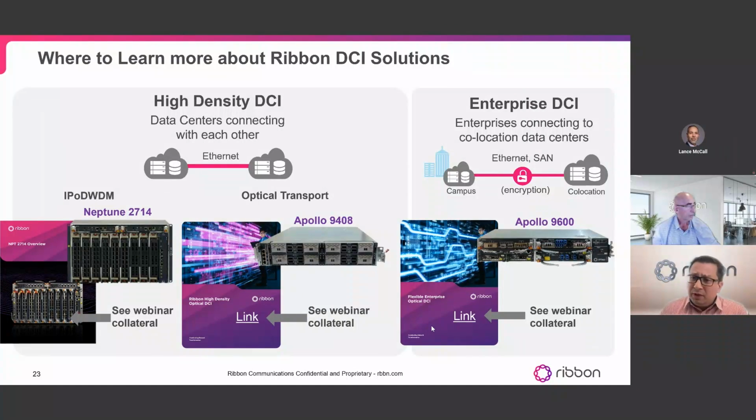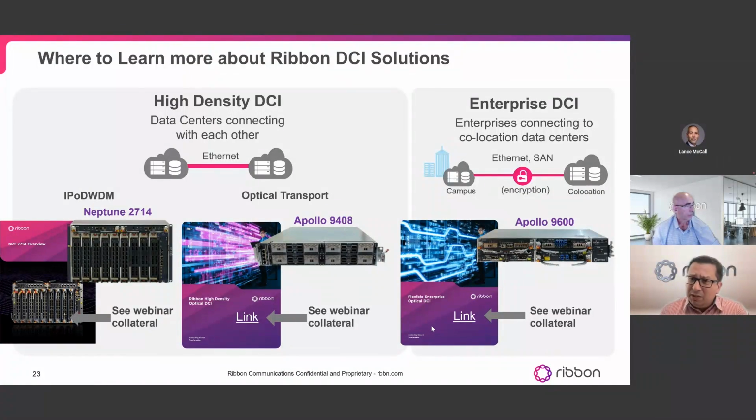I'll start on the right, with an enterprise DCI. To me, it's not necessarily as dense as a cloud service provider, but they still want flexibility, as well as the ability to provide 10 gig lower rate, so low to high rate type of aggregation capabilities, as well as security capabilities with encryption and SAN support, right? So fiber channel support, depending on the locations, InfiniBand, et cetera, being able to support those storage area networks.